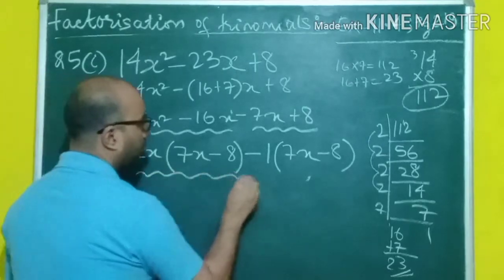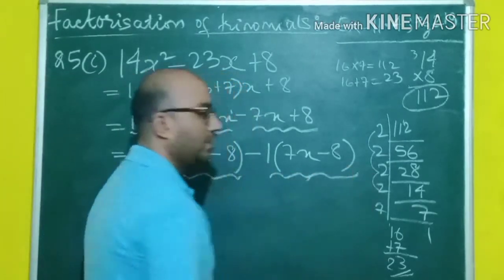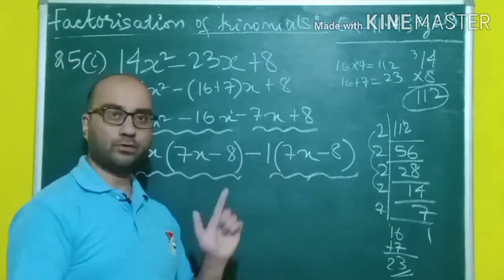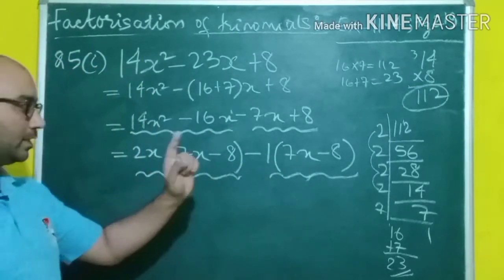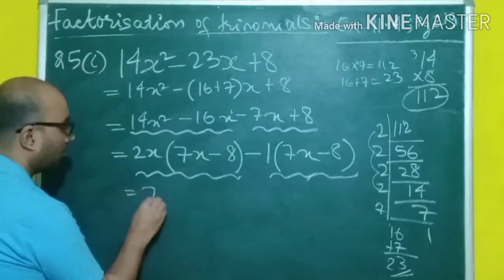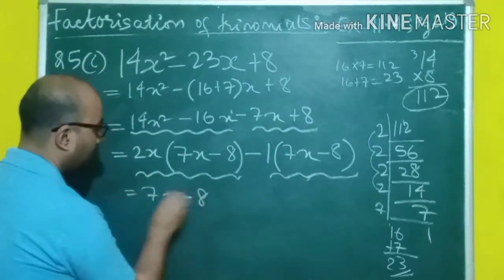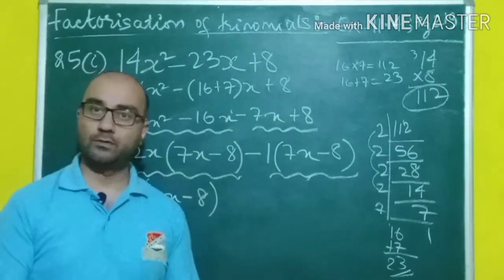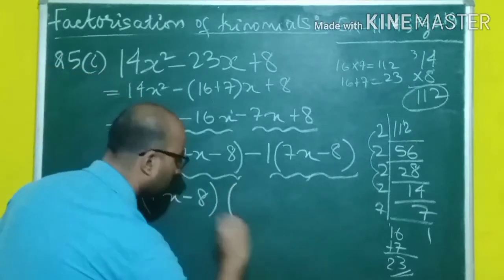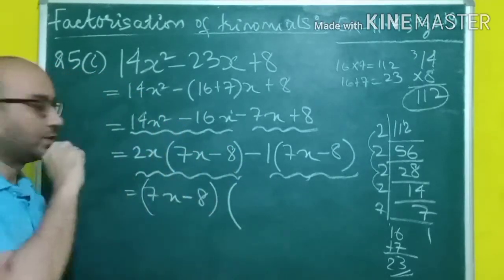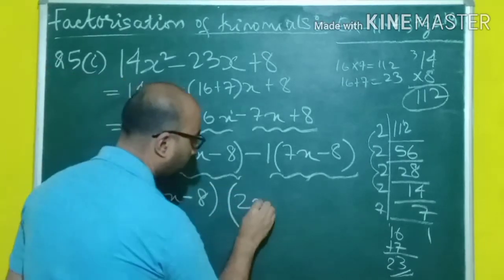Now again we'll group. This is our first group, this is our second group. What is the common factor in the first group and the second group? It's quite clear: 7x minus 8, 7x minus 8. So we take 7x minus 8 as common. After writing the common factor, we write down the leftovers. In the first group we have already taken 7x minus 8 as common, so what is left over? 2x is left over.